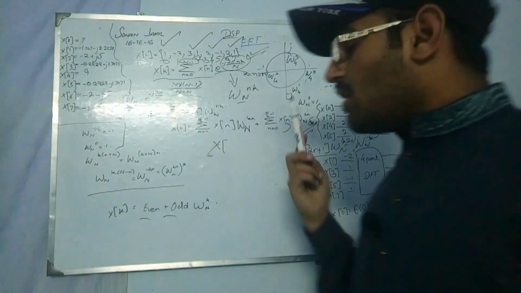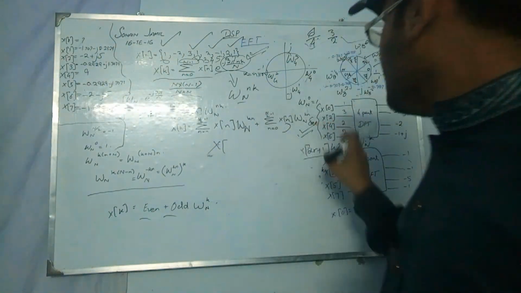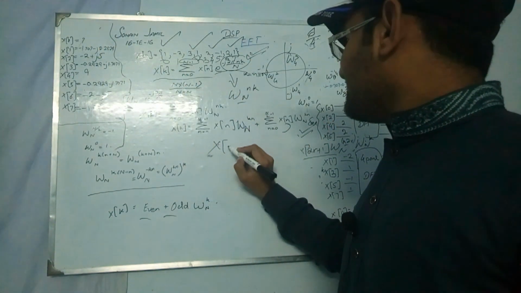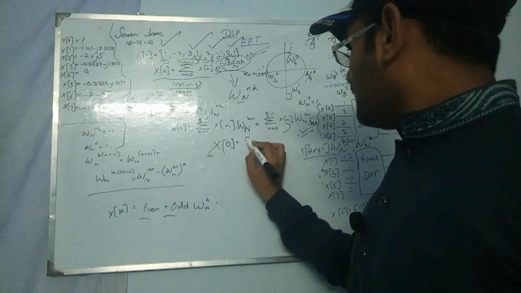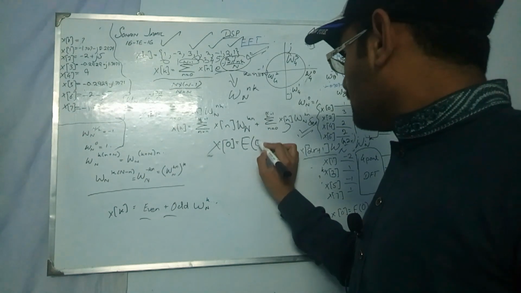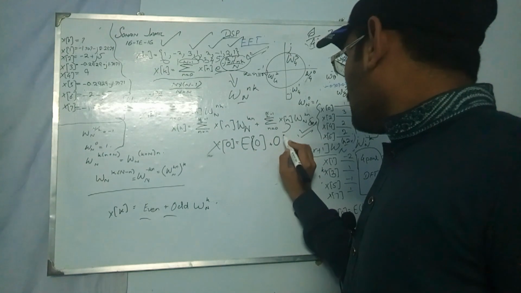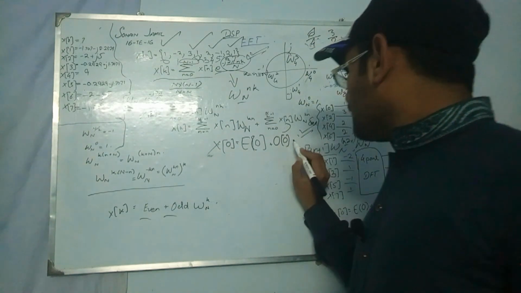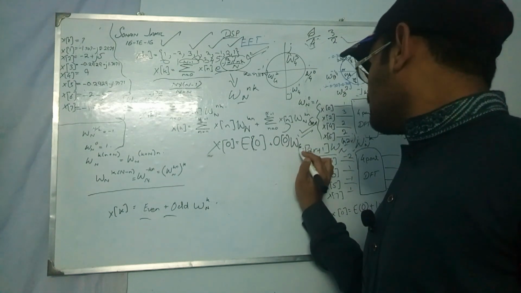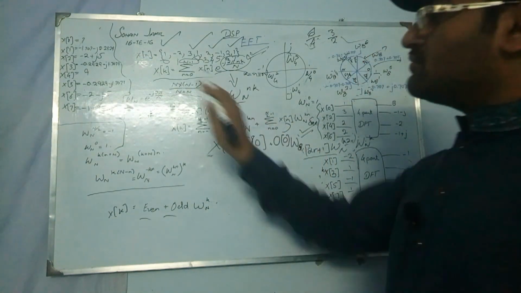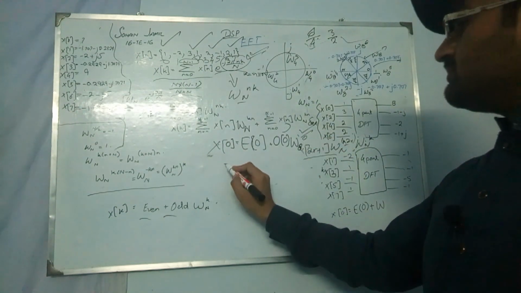So how can we write these values in this form? Again, if I want to write x of 0, it is E of 0 plus O of 0, that is odd of 0, W of 4 and 8, because we have 8 samples and k is equal to 0.